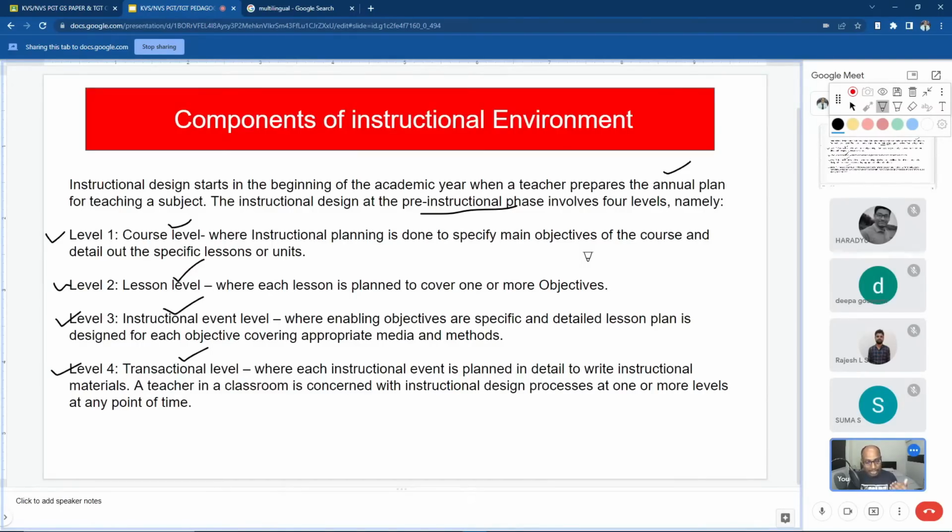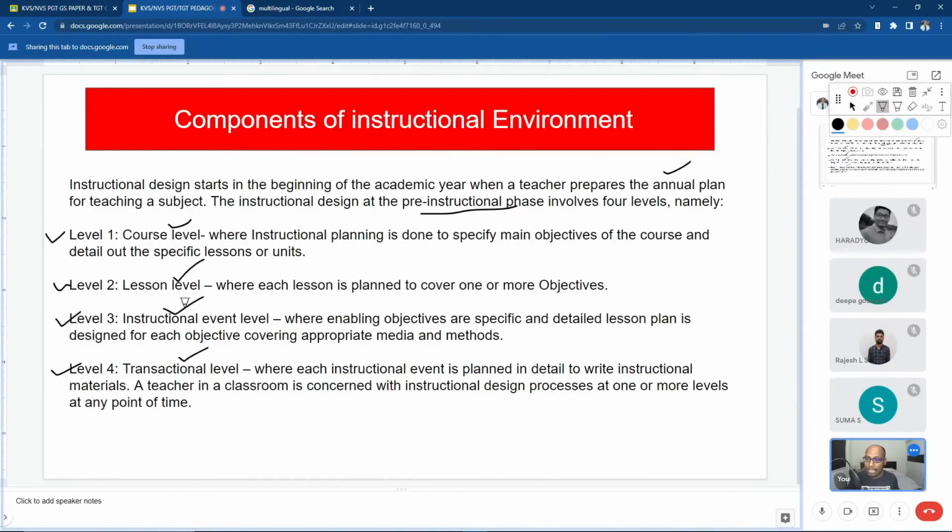And when you come to poetry, the first poem, A Photograph, the objective is to learn the rhyme scheme of the poem, what meter is used in the poem. Likewise, every lesson has a particular main objective. What the main objective is will be decided at the lesson level. So without any objective, no lesson can be taught in the classroom.